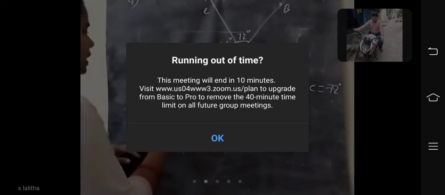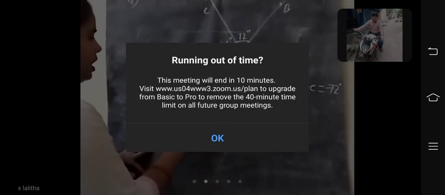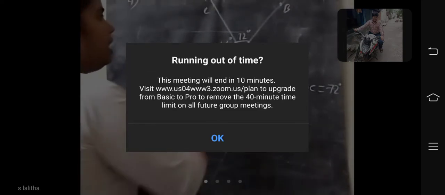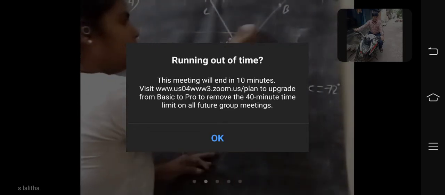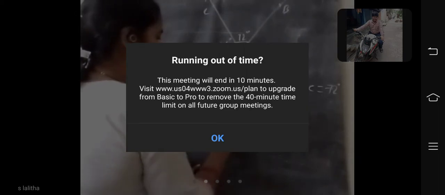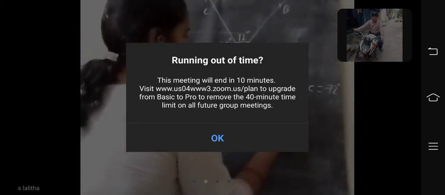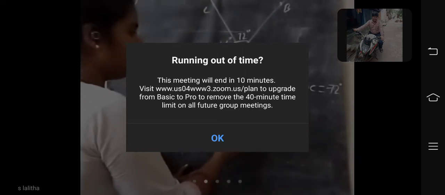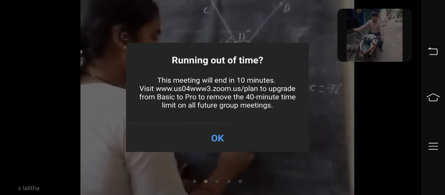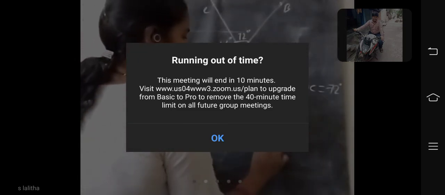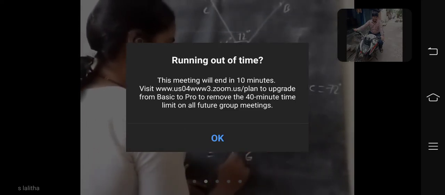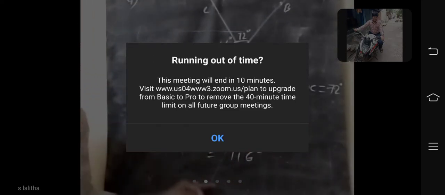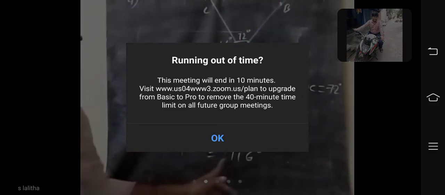Now you have to find angle AOB. That means you should add these two angles to get the full angle. So angle AOC plus angle BOC is equal to how much? AOC 44 degrees, angle BOC 72 degrees. 44 plus 72 is 116 degrees.